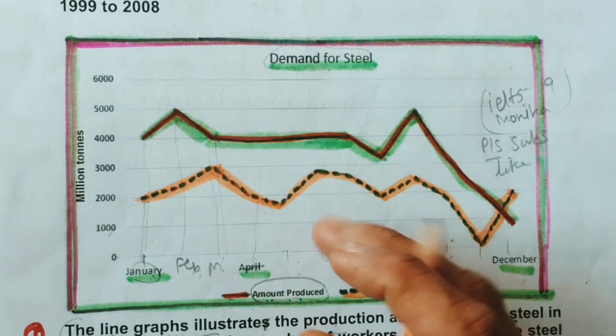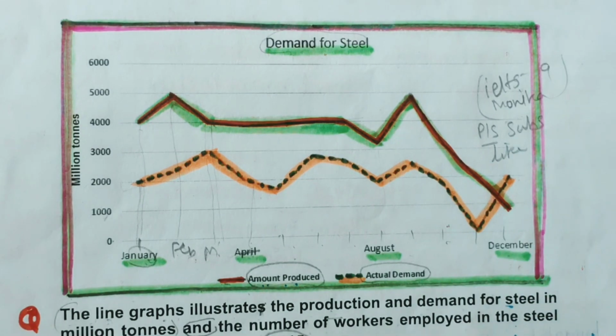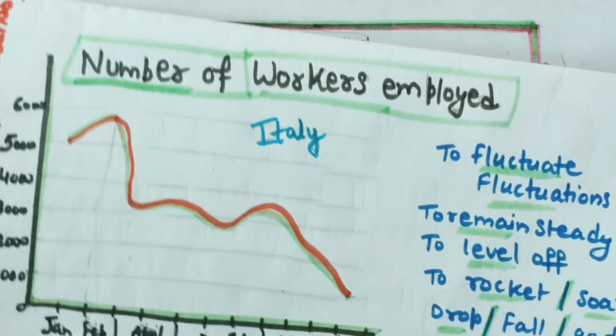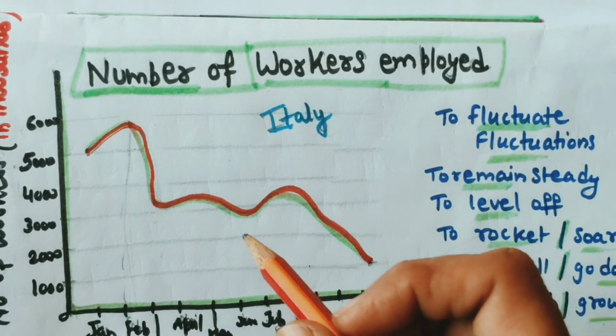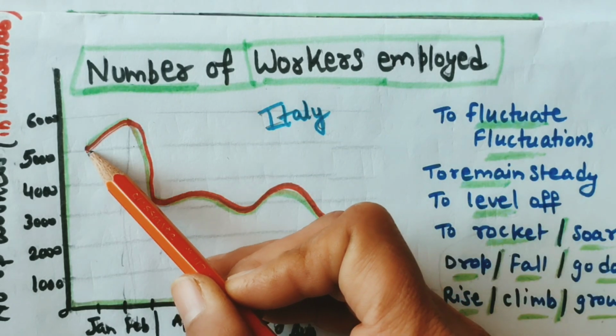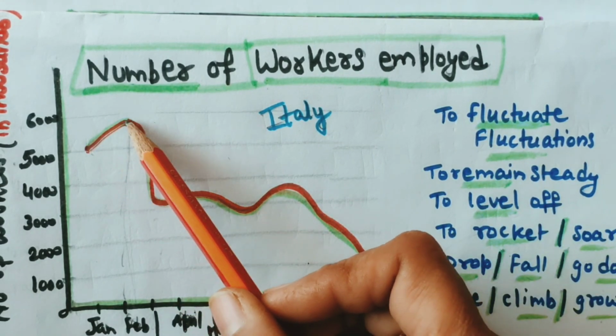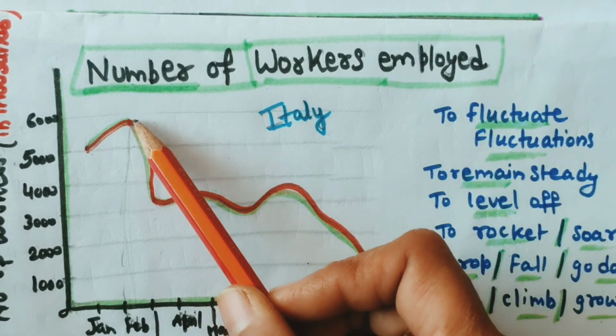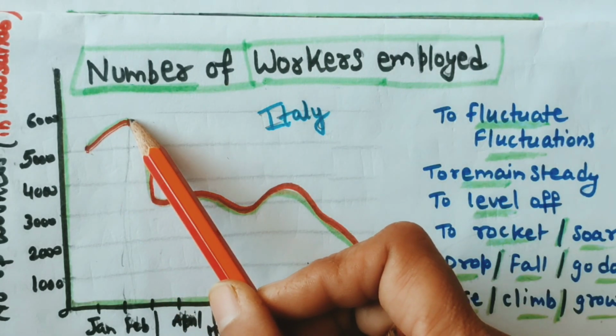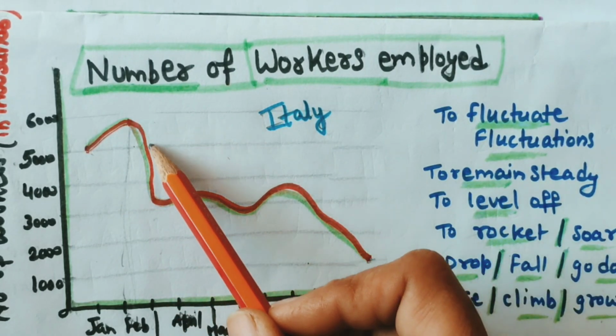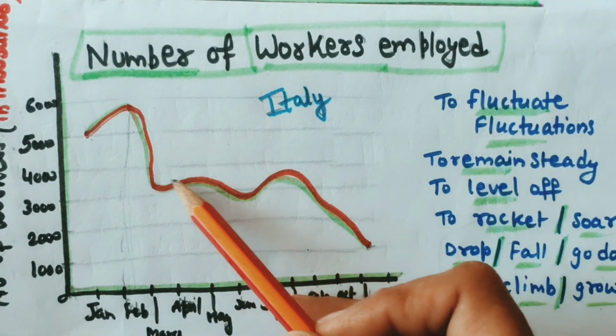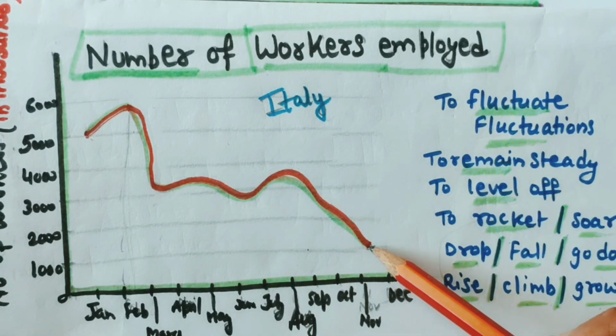So we have to explain the things like that. And in the second one, after starting from 5,000 million tons, we can see it reached its peak point, that is near 6,000, and after that, no looking back, going down and down and down.